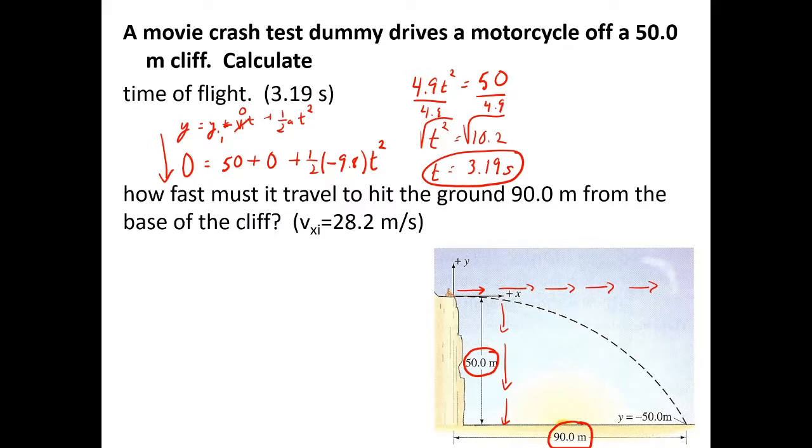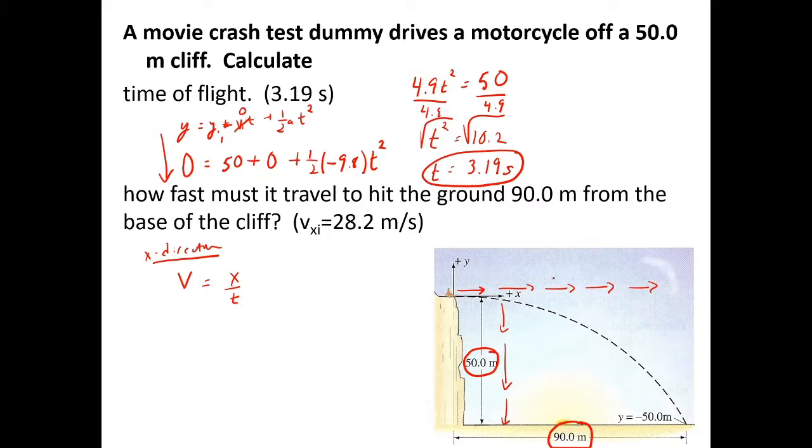All the while that it's in the air, it's moving in the x direction the whole time. Now, how fast must it travel to hit the ground 90 meters from the base of the cliff? There's also no acceleration in the x direction. If we look in the x direction, velocity is distance over time. There's nothing pulling it in the x direction.